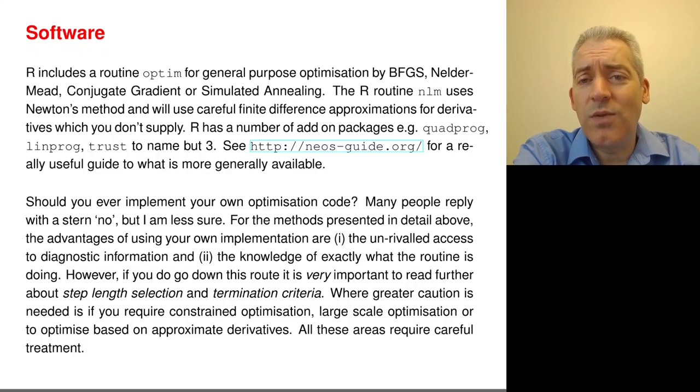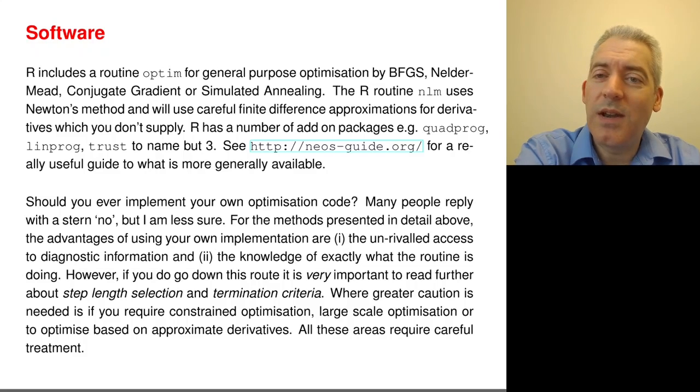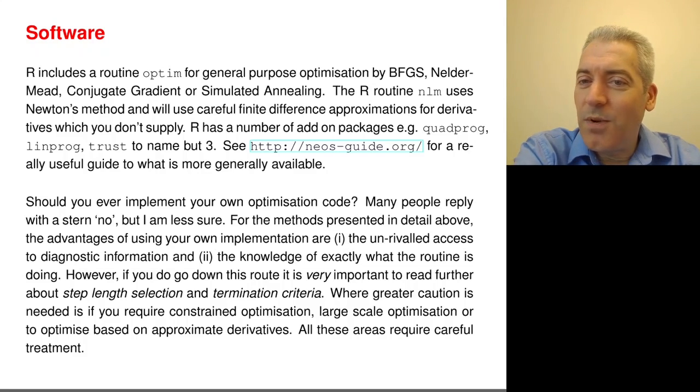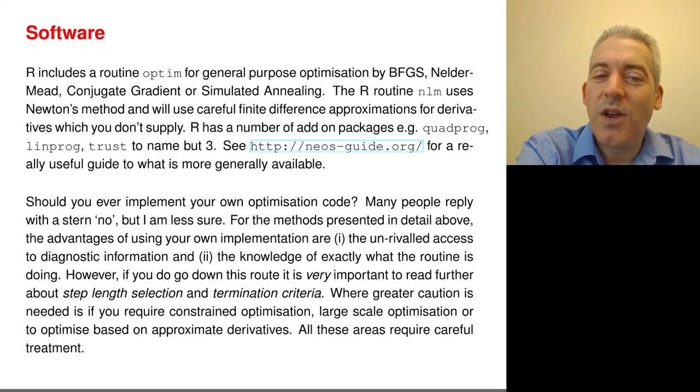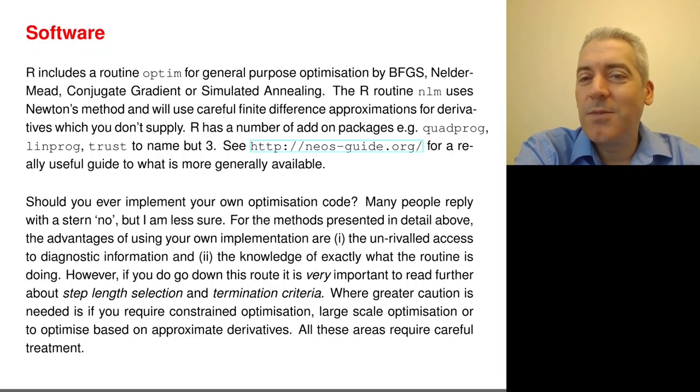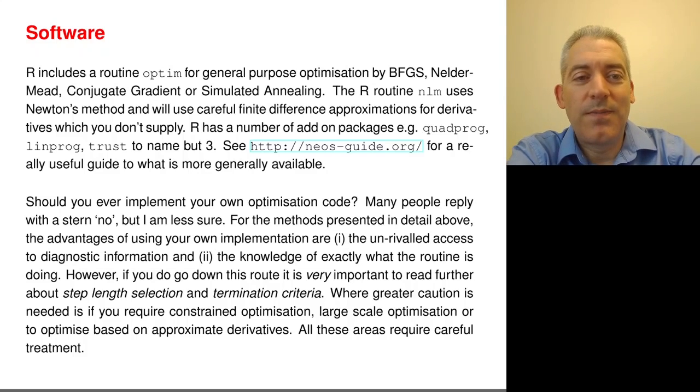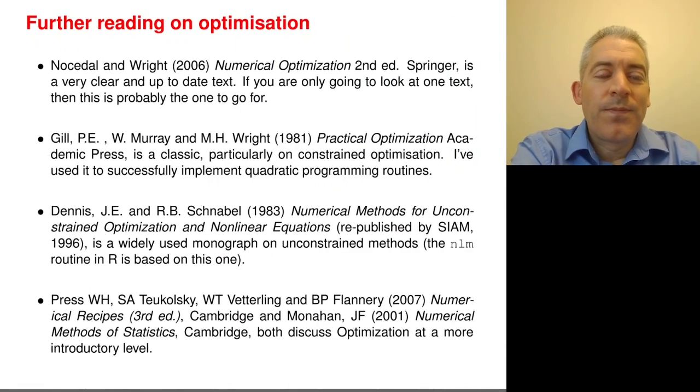Whereas if you're using your own code, you can customize it, you can tweak it, you can add in your own diagnostic output, you can add in your own little fudges that are specific to the particular problem that you're trying to optimize, etc. So you obviously have a lot more flexibility with your own code. So sometimes people do write their own optimization codes, and sometimes there are good reasons for it. But by and large, you should be using the library implementations.